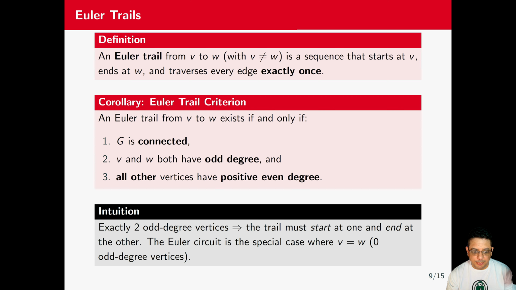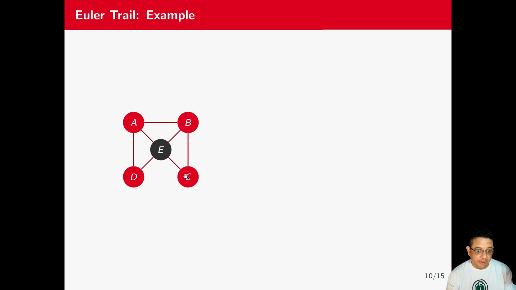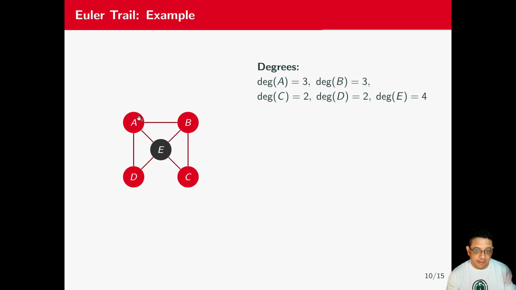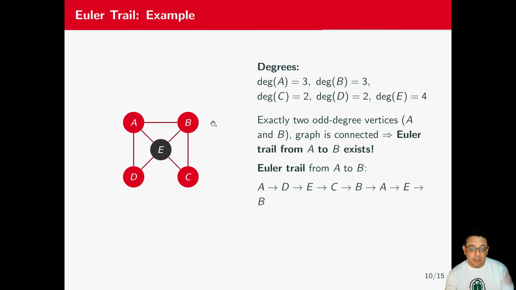Now let's see an example. For this graph, the degree of A is 3, the degree of B is 3, the degree of C is 2, the degree of D is 2, and the degree of E is 4. Here we have exactly 2 odd degree vertices, which are A and B. The graph is connected, so we are guaranteed that an Euler trail from A to B is going to exist.